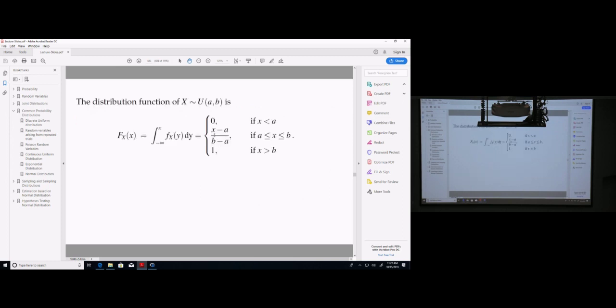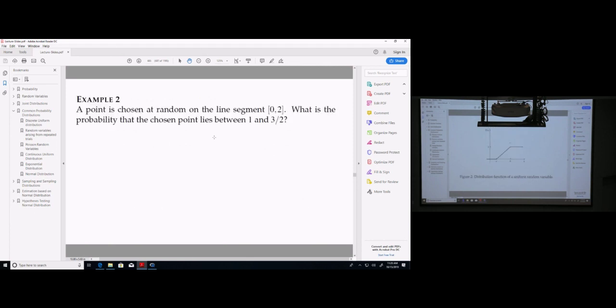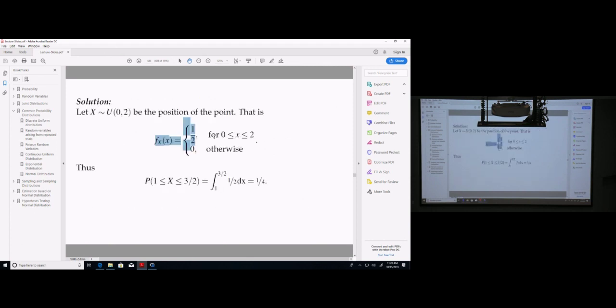Okay? So A is 0, B is equal to 2, and then x is equal to whatever you want. So it would be the big F at 3 halves minus the big F at 1. So you can just use this, then you don't need to do the integration. So it is really up to you because it has been done earlier. Okay.